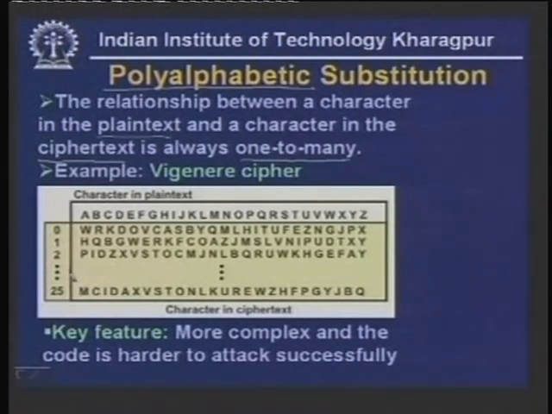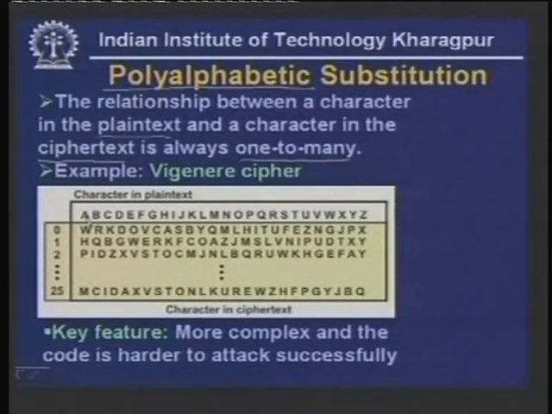As you can see here, you can use a matrix, and this matrix provides you information for performing the encryption. The character A is replaced by W if it appears in the first row, and character B is replaced by R if it appears in the first row.